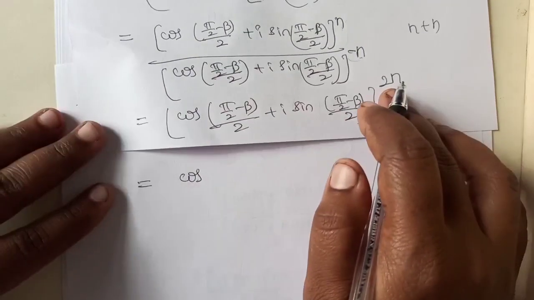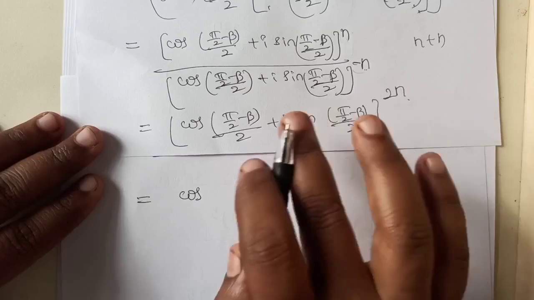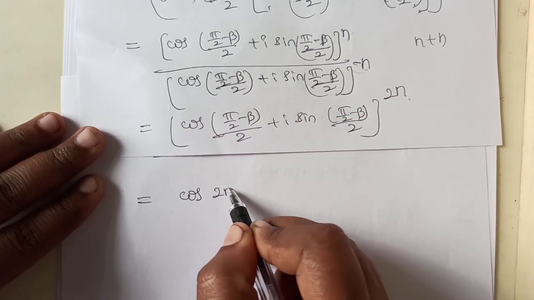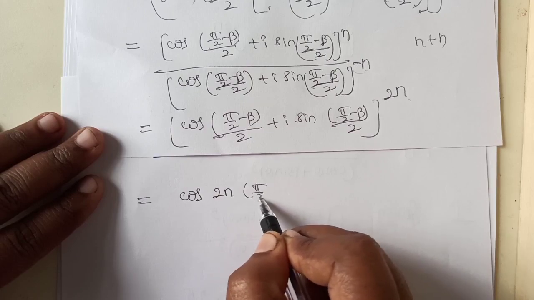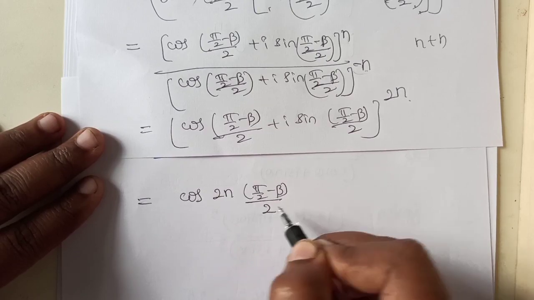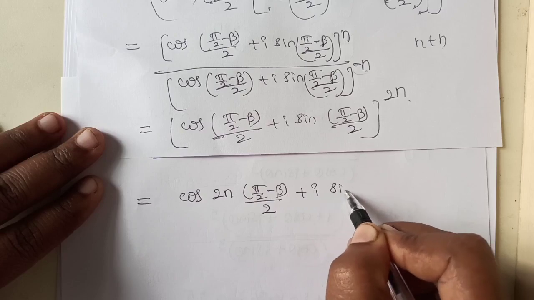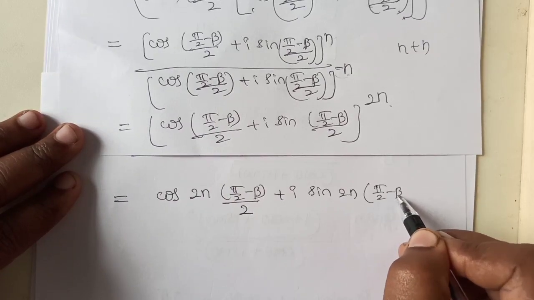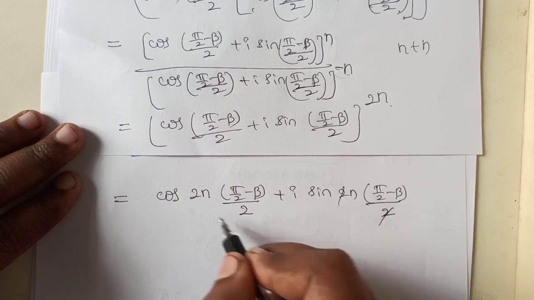cos. Now applying De Moivre's theorem, it can be multiplied with this angle, that is cos 2n into pi by 2 minus beta divided by 2 plus I sin 2n into pi by 2 minus beta whole divided by 2, 2 gets cancelled.